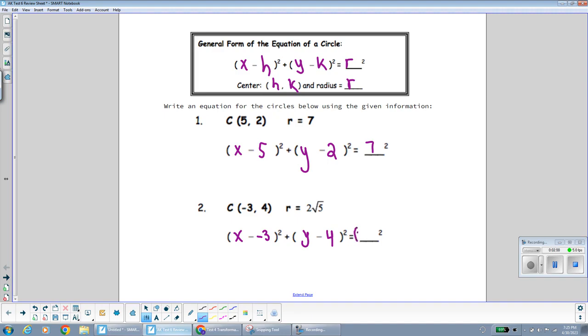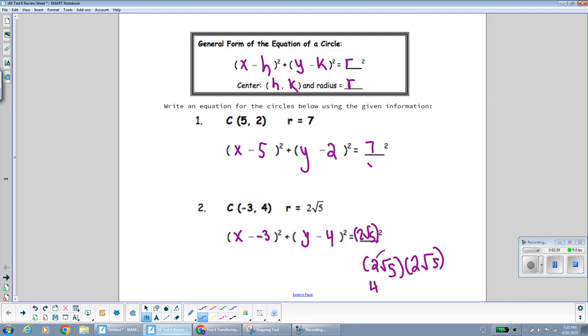The radius here is 2√5. You could also simplify that. Over here, we could have also written 49, that's what 7 squared is. Over here, we could write what (2√5)² is instead. Let's see what that is. (2√5)² is 2√5 times 2√5.